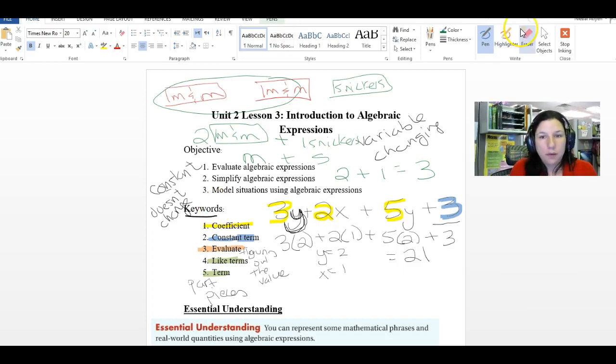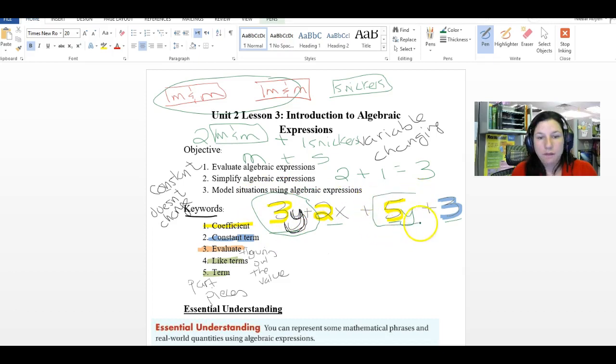So if I look at this problem again, you might want to look at that and say, I have 1, 2, 3, 4 pieces. But we have some like terms here. I have 3 y's and 5 y's, so that makes 8.